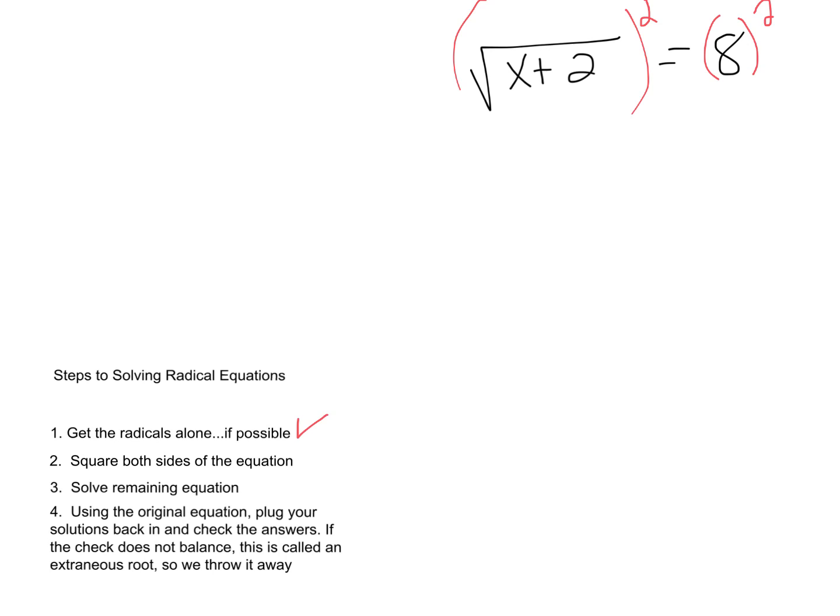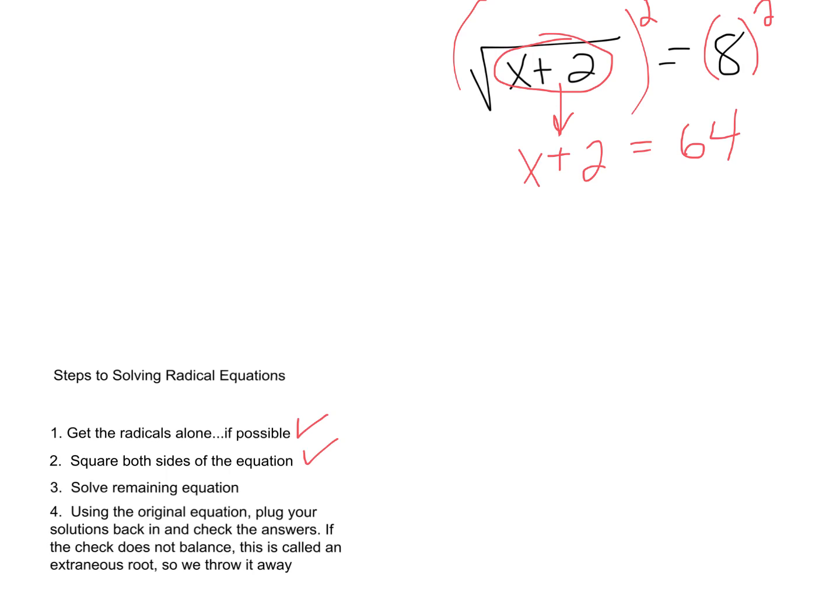So this completely comes out of the radical. x plus 2 is equal to 64. Okay? So step 2 is done.